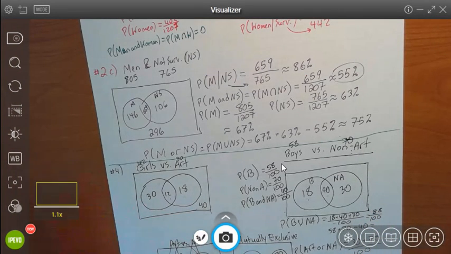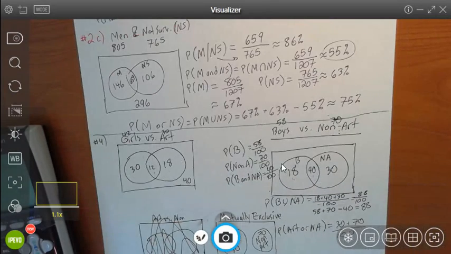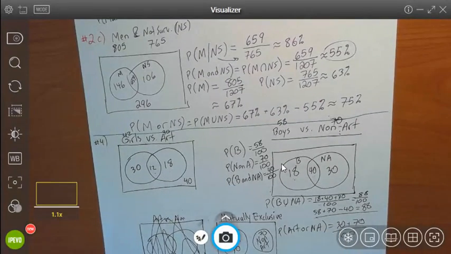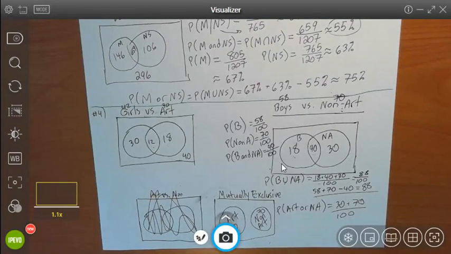And so if you did in your calculator 58 plus 70 minus 40, you would get 88 people again as your answer. And so you have to use this sort of formula when you are doing mutually inclusive events, but for mutually exclusive, you can just add them together without having to subtract.